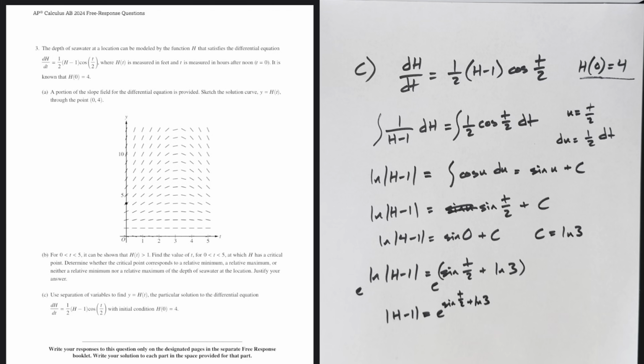Now, we know for this equation, h is always greater than 1. They told us that in part B. So h minus 1 will always be positive. So we can just forget about the absolute value bars, add our 1 over to the other side, and get h is equal to e to the sine of t over 2 plus the ln of 3, plus 1.